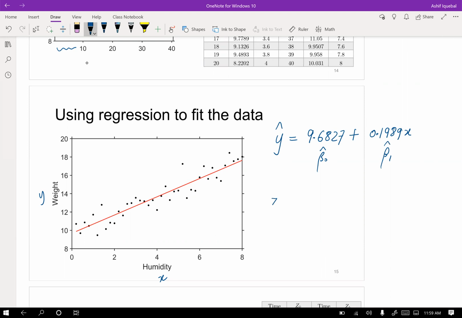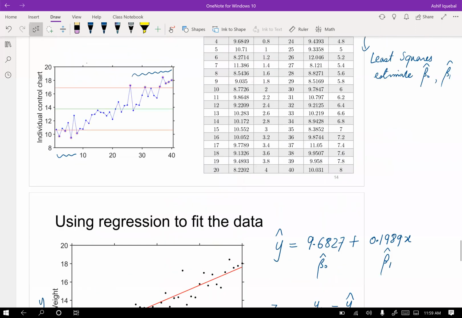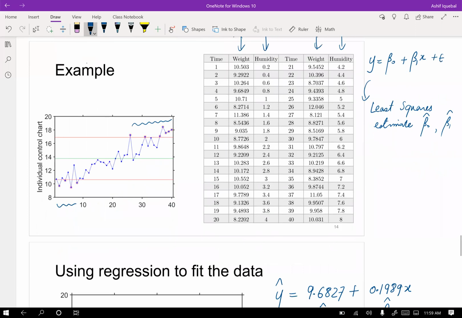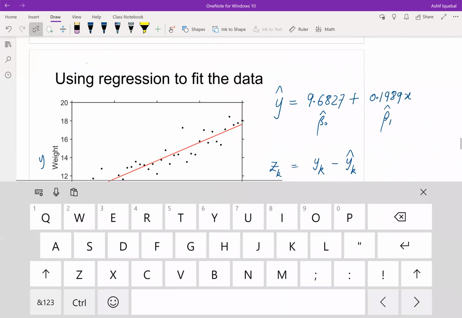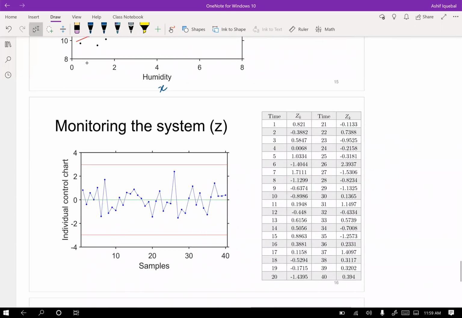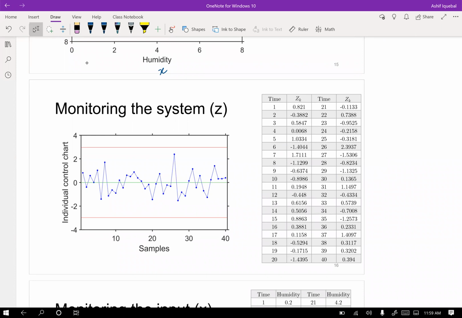Now I can find out zk. This is nothing but yk minus yk hat. Yk is your initial weight that is given to you, and yk hat is what you estimated by using beta 0 hat and beta 1 hat. Now, once you have zk, we again construct the control chart for zk.